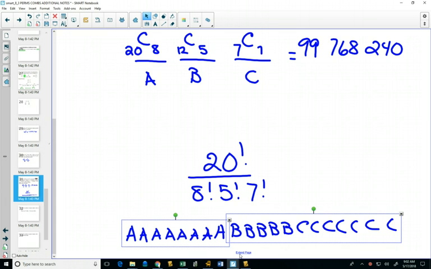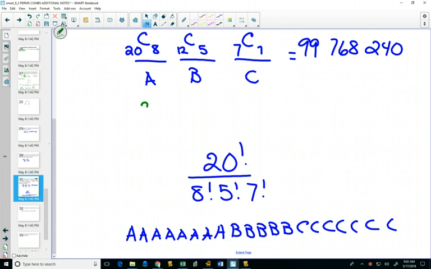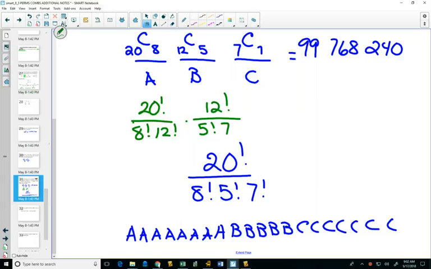And if you just play around with the formulas, 20 choose 8, remember how to work with our formulas? You have 20 factorial on the top, you'd have 8 factorial and 12 factorial on the bottom. The bottom 2 numbers always add up to the top number in a combination. And 12 choose 5 would be 12 factorial over 5 factorial, 7 factorial. And 7 choose 7 would be 7 factorial over 7 factorial, 0 factorial.